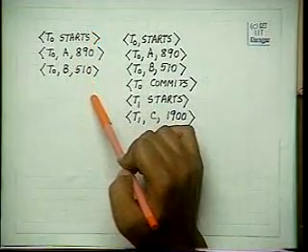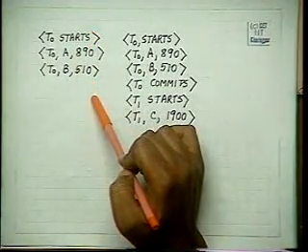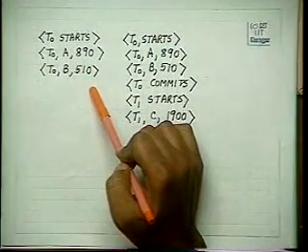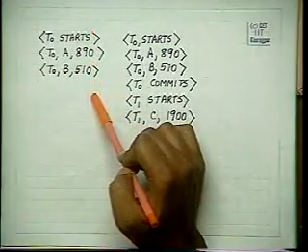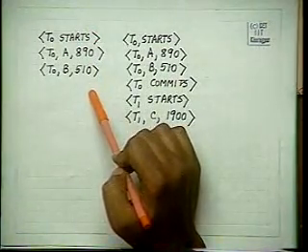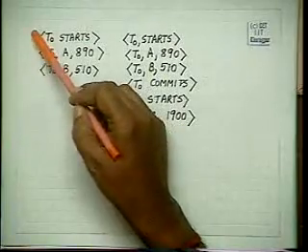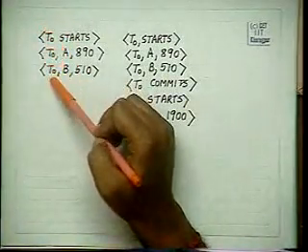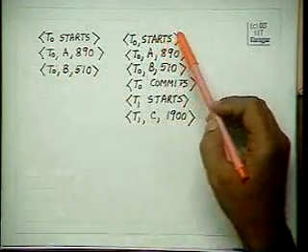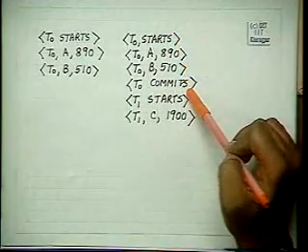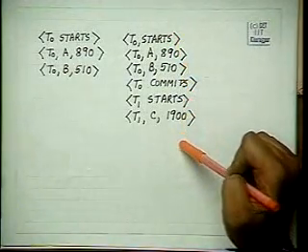If start is there and commit is not there, then for this transaction we are sure that it is not fully over, its data is not written onto the disk, because if it was written onto the disk, commitment would be there. So we will not redo this transaction. On the other hand, in this situation, we have got T0 starts and T0 commits. For T1 we have starts and not commits.